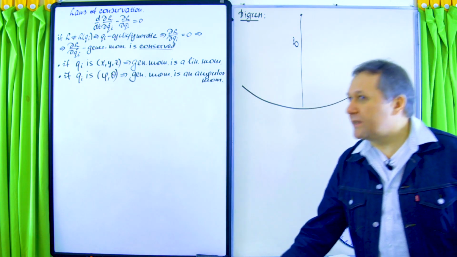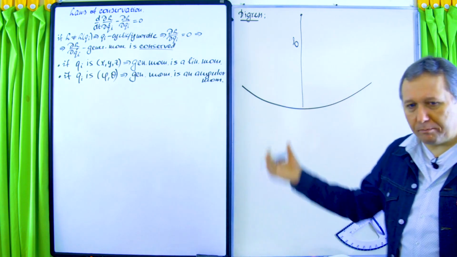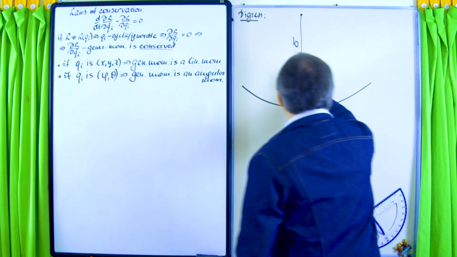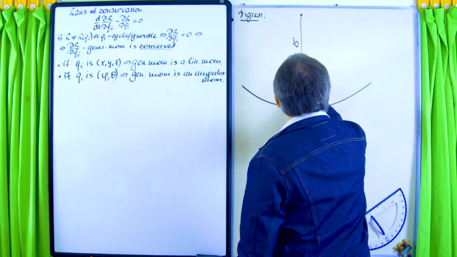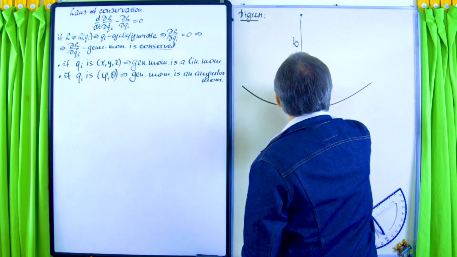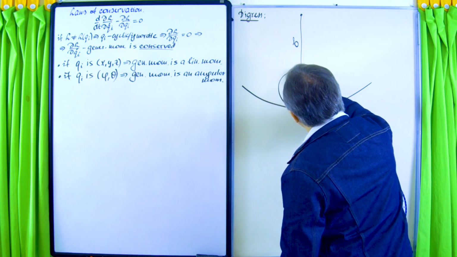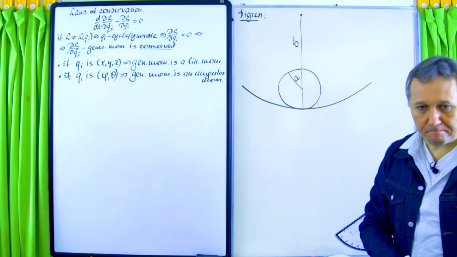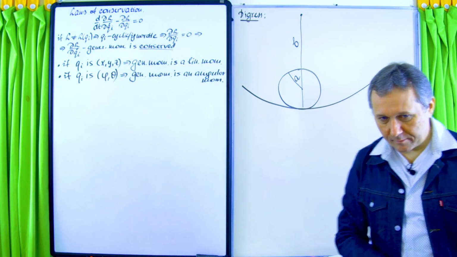Inside the surface there is a disc, hoop, cylinder, no, ball. It doesn't matter, right? It is rolling, of radius a, of course rolling without slipping.